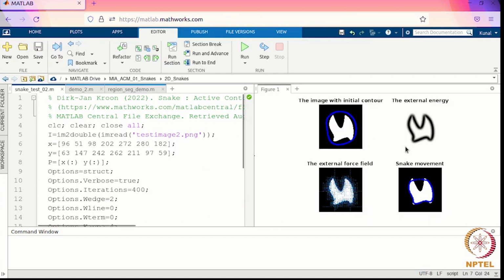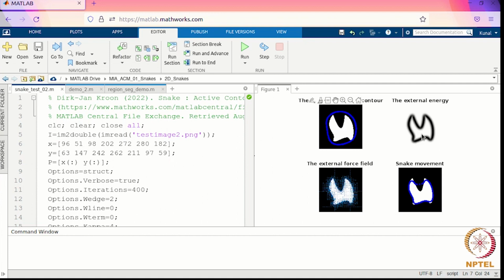Okay, so here you can see this is the initial contour, and you can see now this initial contour is moving, and slowly it is trying to fit this object, the boundaries of this object, right? Okay, so that is how these contours move.